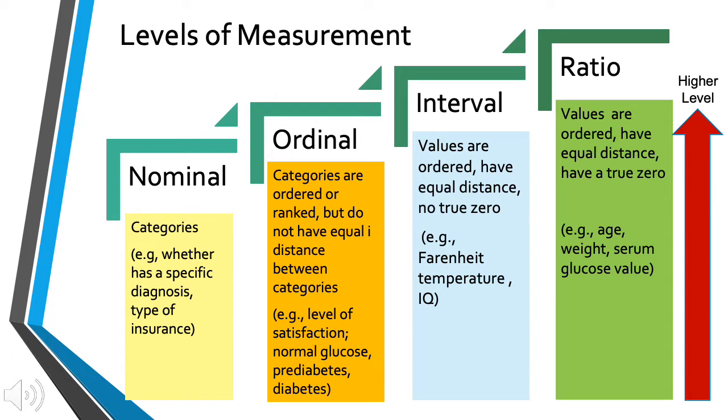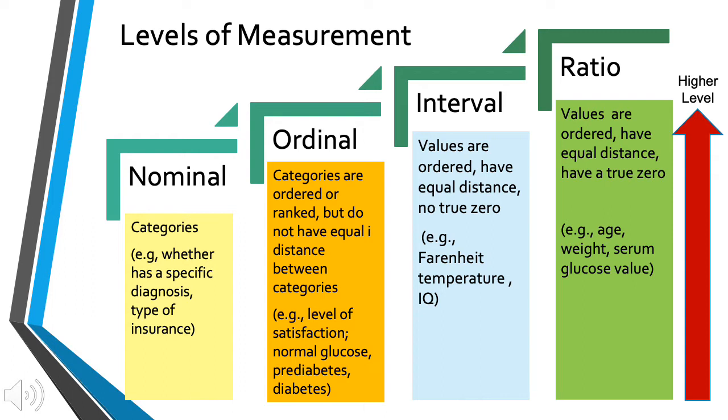Nominal refers to categories of information, such as whether a patient has a specific diagnosis. Ordinal categories are just that. They're ranked in the order of amount, but the difference between each category is not exact. Interval categories are a higher level of measurement because these categories have equal distance between them.